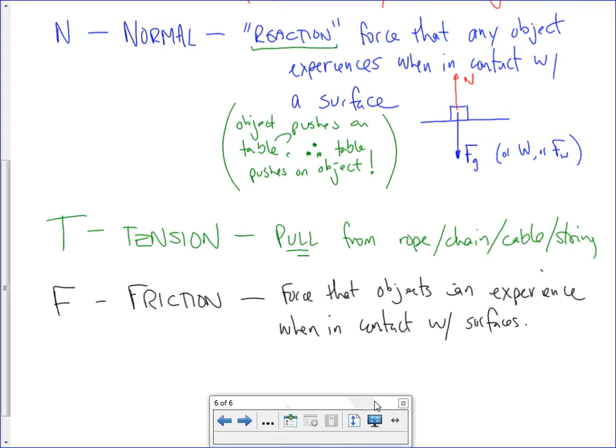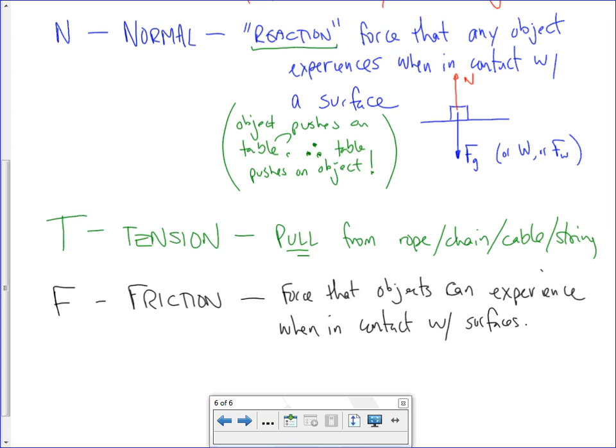The thing about friction is, people usually think about friction as slowing things down. Well, sometimes it does that. Doesn't always do that. Friction can actually make things slow down or speed up or change direction, or it can keep them from moving. Friction can do lots of things.